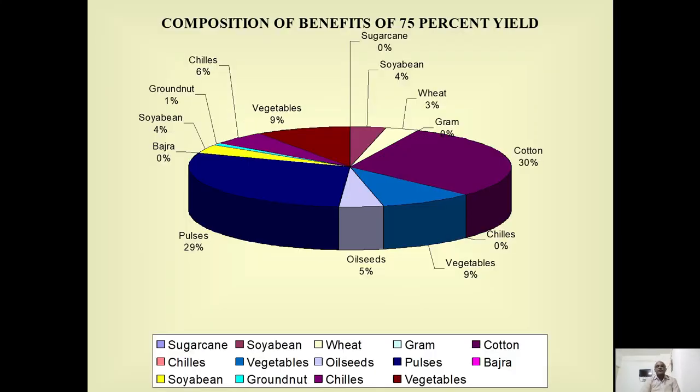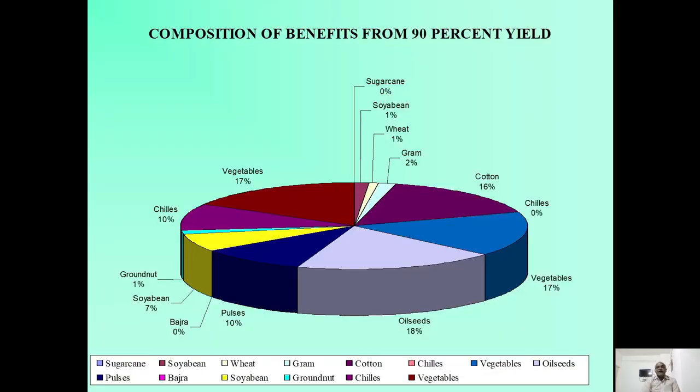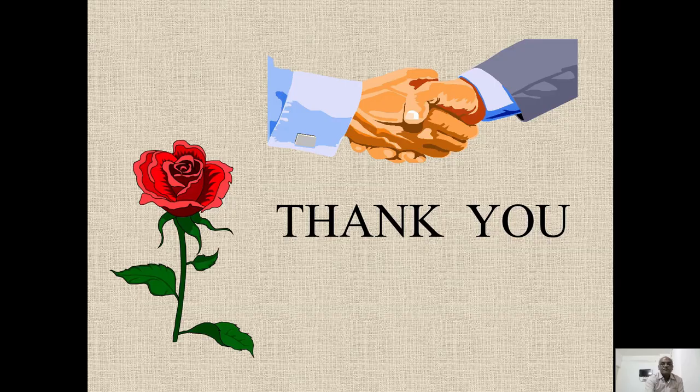Then this is the composition of benefits of 75% reliable flow. Here also pulses constitute maximum benefits, then cotton followed by cotton 30% and the remaining crops. And this is the 90% dependable yield. Here oil seeds, vegetables, they constitute more than the other crops. Thank you.